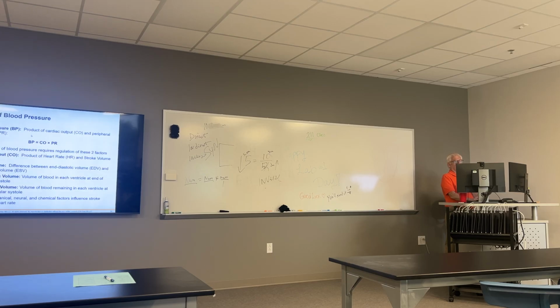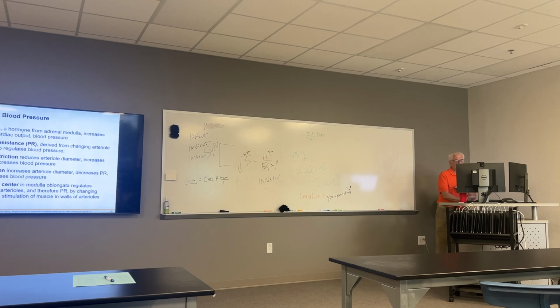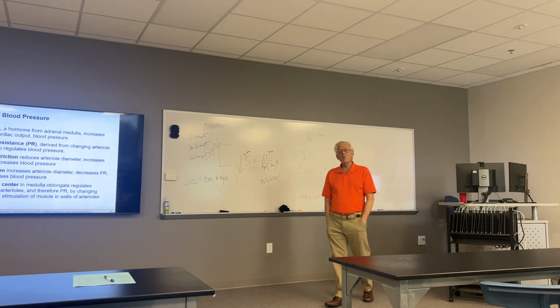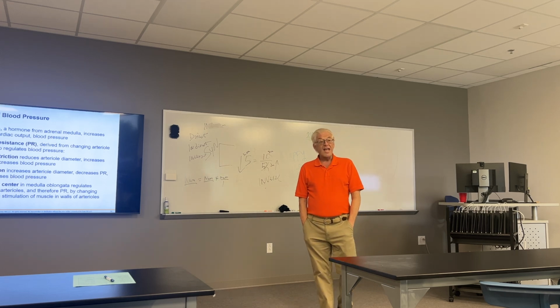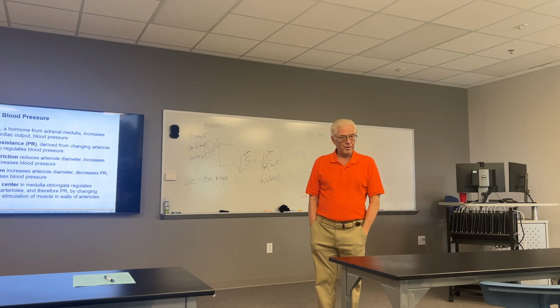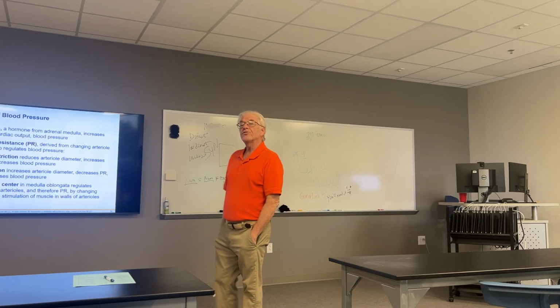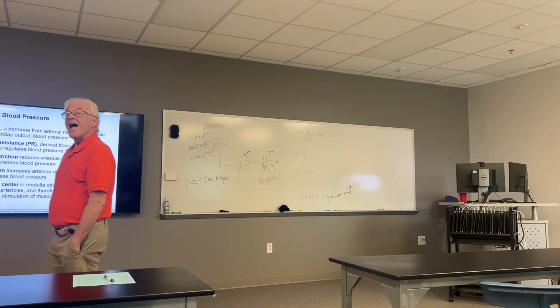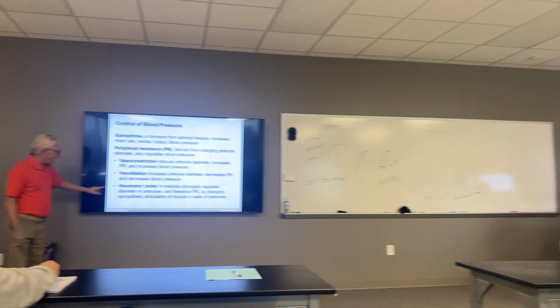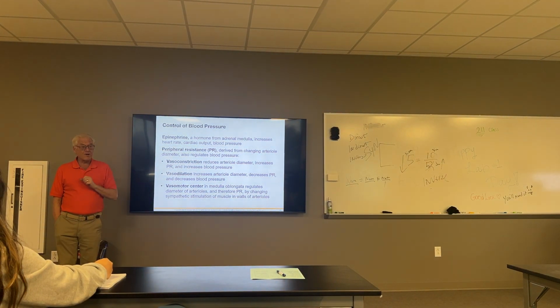The part of your brain that's called the vasomotor center is going to talk to what? The motor side of your brain? No, it comes from the motor side of your brain. But who's it going to talk to? The vasos, your blood vessels. That's the one that's going to tighten down your blood vessels.